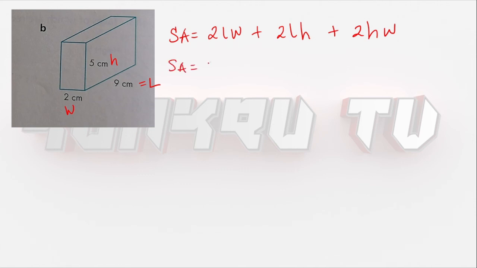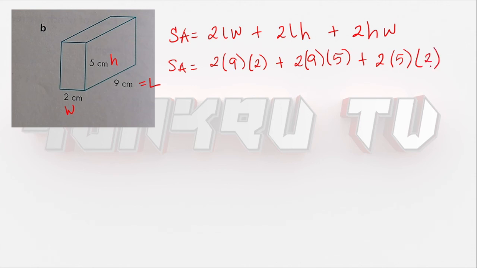SA equals 2 times L is 9 and then width is 2 plus 2 times L is 9 and then H is 5 plus 2 times H is 5 and then width is 2 centimeter.